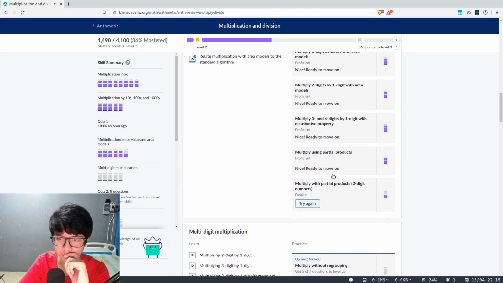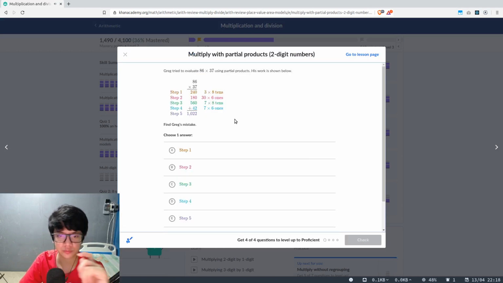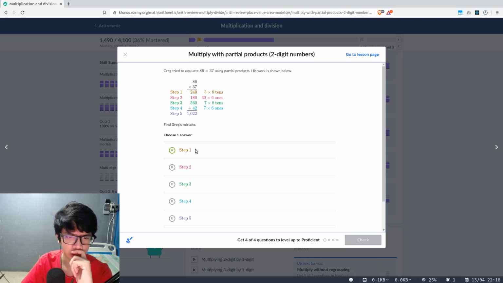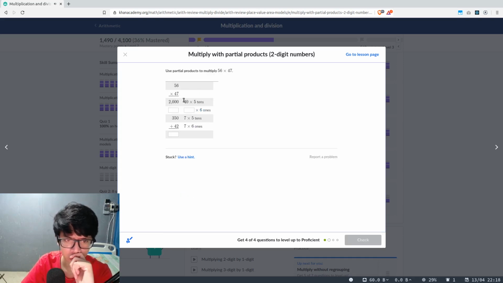Okay, just have to try this again. Find Greg's mistake. Okay, 3 times 8 tenths. It's 7 to 40, that's correct. Third. Wait, what? No! 3 times 80. Okay. 40 times 5 tenths, and then 40 times 6 ones.